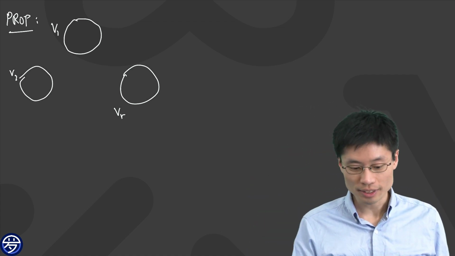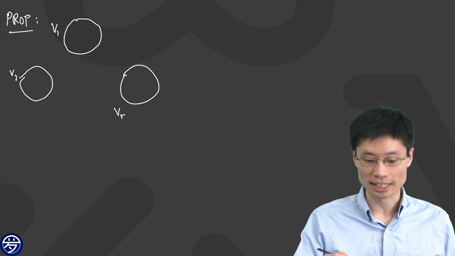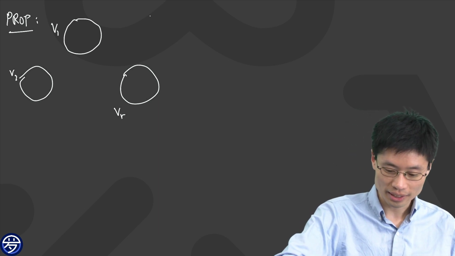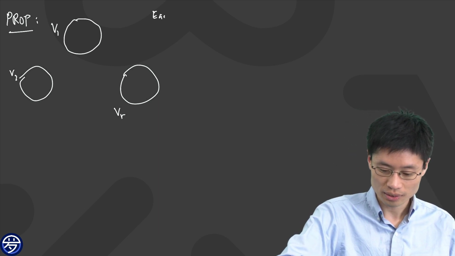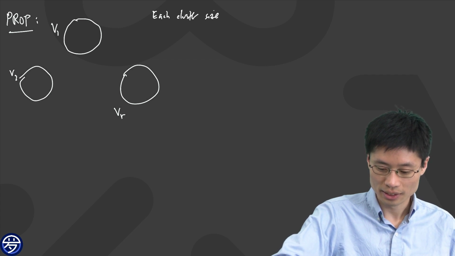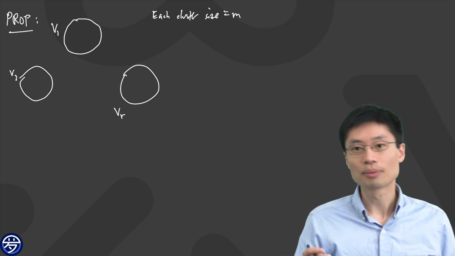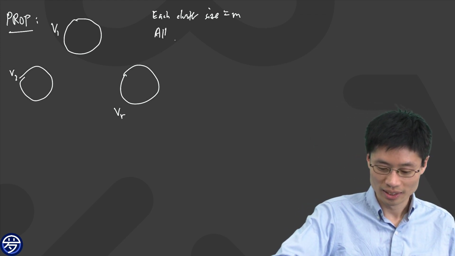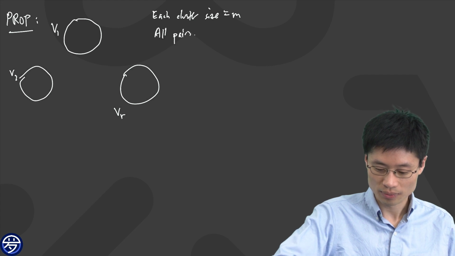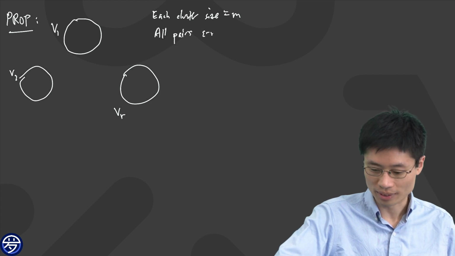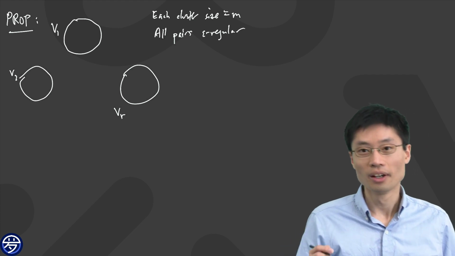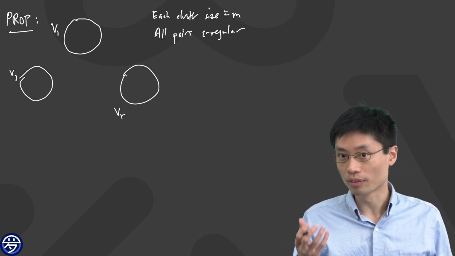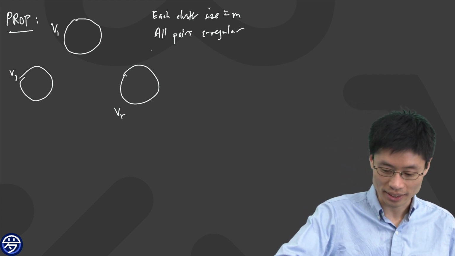We had all of these different clusters, and each cluster had size m. We also had that all pairs of clusters are epsilon regular, and that all of the pairs have density at least delta.